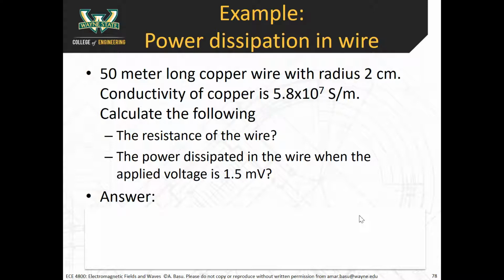All right, so copper wire, 50 meters long. Conductivity is equal to 5.8 times 10 to the 7 Siemens per meter.